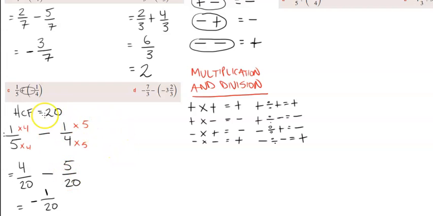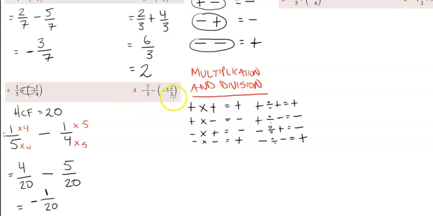There's a lot of multitasking going on with this example, but provided that you know how to convert both of these fractions to have the same denominator, and you know that this positive and negative turns into a negative, it's actually quite simple to tackle these questions, okay? If you want to take this one step at a time, by all means you can, provided that you get the correct answer.